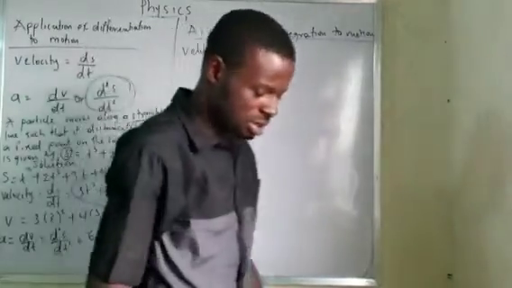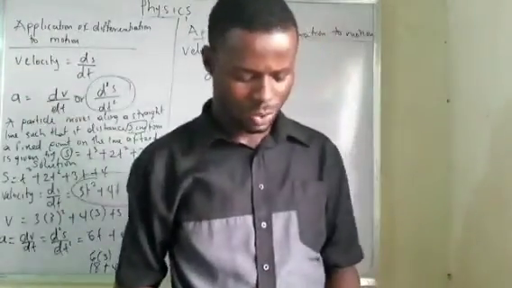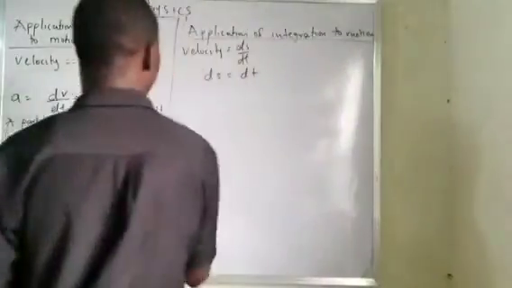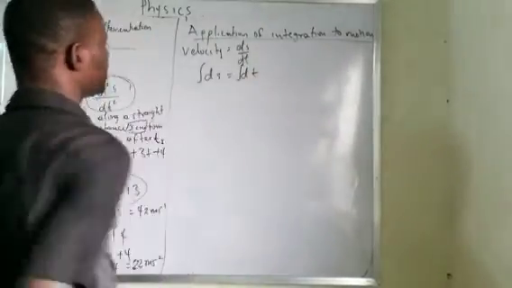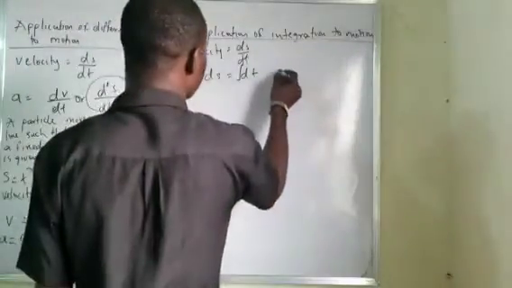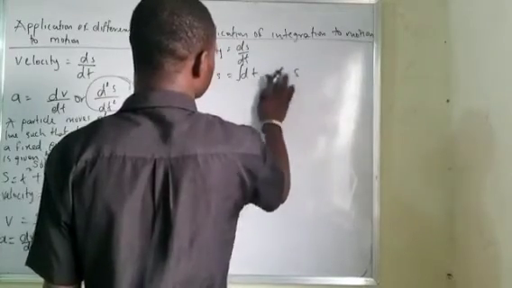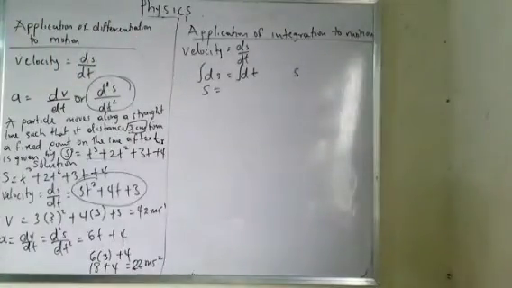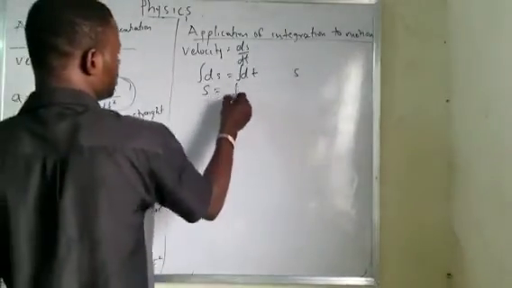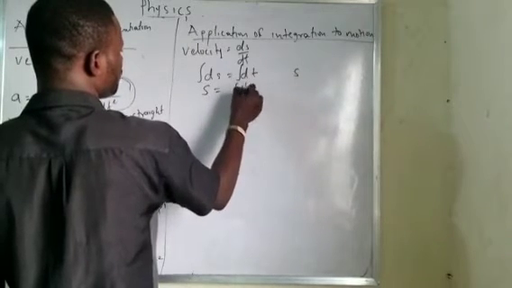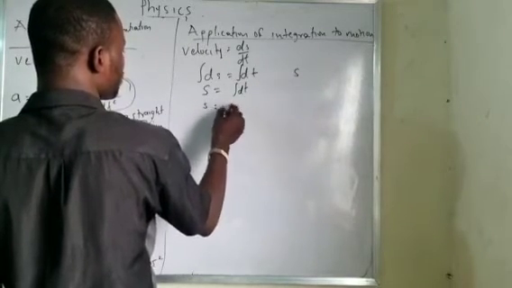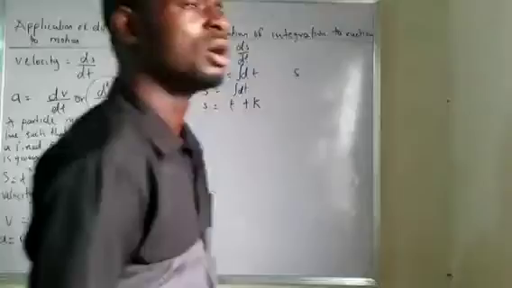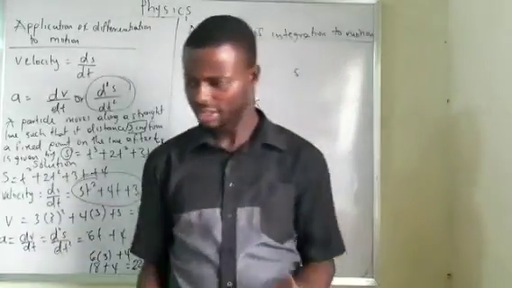If you are not very good in differential calculus or integral calculus, we have videos on them that will really help you understand it very well. Now, we integrate it, so my x equals the integral of v dt, which is equal to a function of t plus K. I told you we have definite and indefinite integrals.